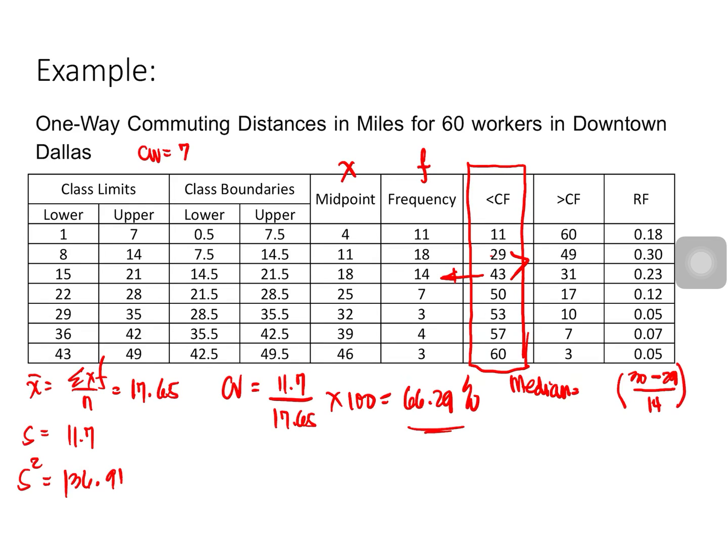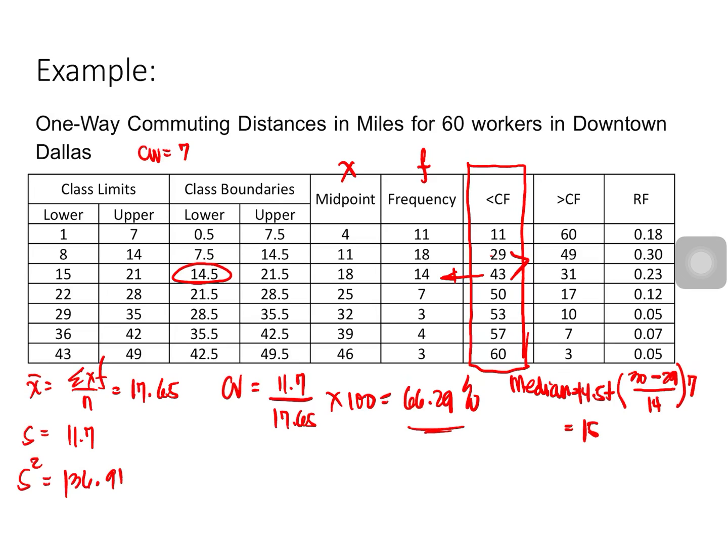Multiplied by the class width plus the lower class boundary located at the frequency row, which is 14.5. So for the median, we have 15. Again, n over 2 is 30.